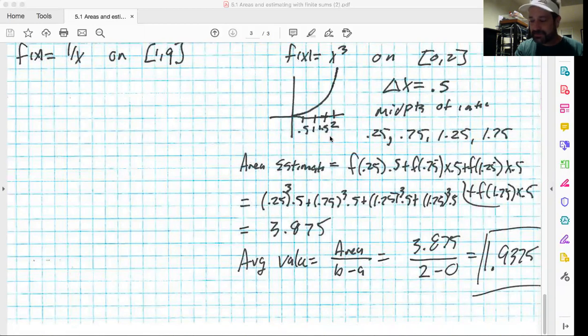Now, I know that we don't want to talk about limits because those are bad, but think about this for 1 second. If we take the limit of n, the number of rectangles, as it goes to infinity, if we have an infinite number of rectangles underneath this, and we're calculating the area of an infinite number of rectangles rather than a finite number, we're not going to get an approximation of the area under this curve. We're going to get the true area under the curve.